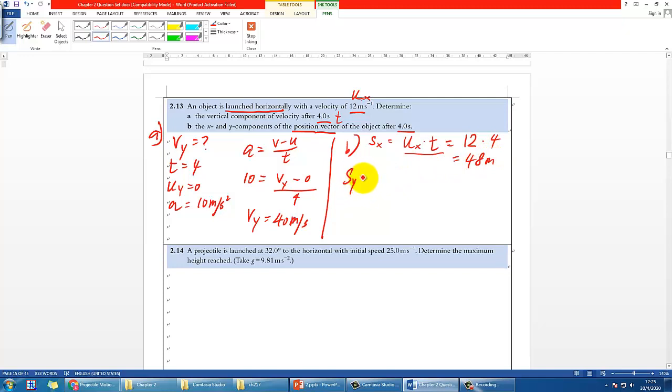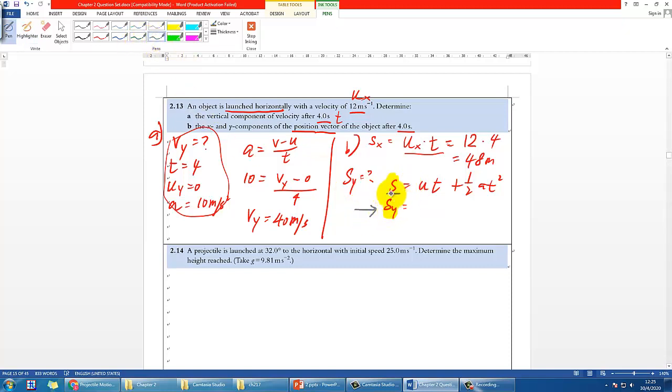For Sy, it will be a bit more tricky, but you just have to use the information here. So I think the easiest way would be using S equals Ut plus half At squared. Notice that I put this S as simply S, but this one as Sy, because the second step is when I substitute.